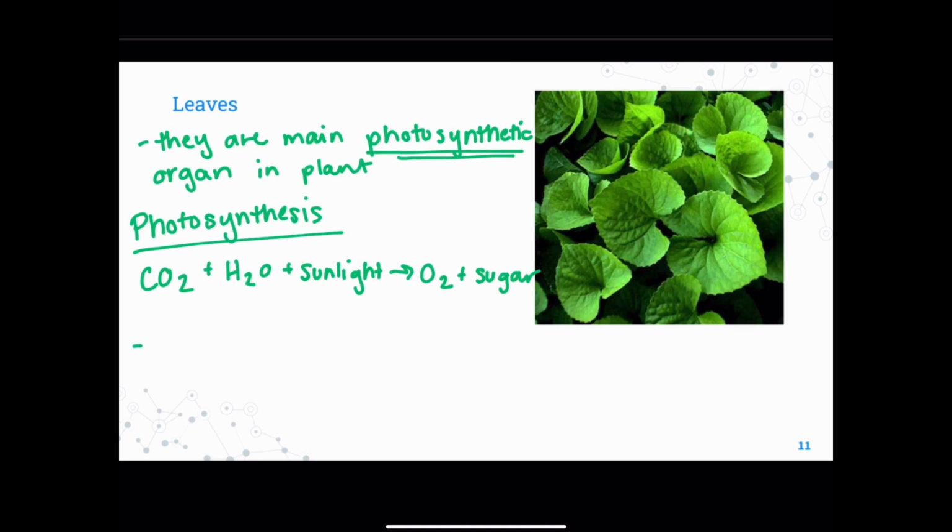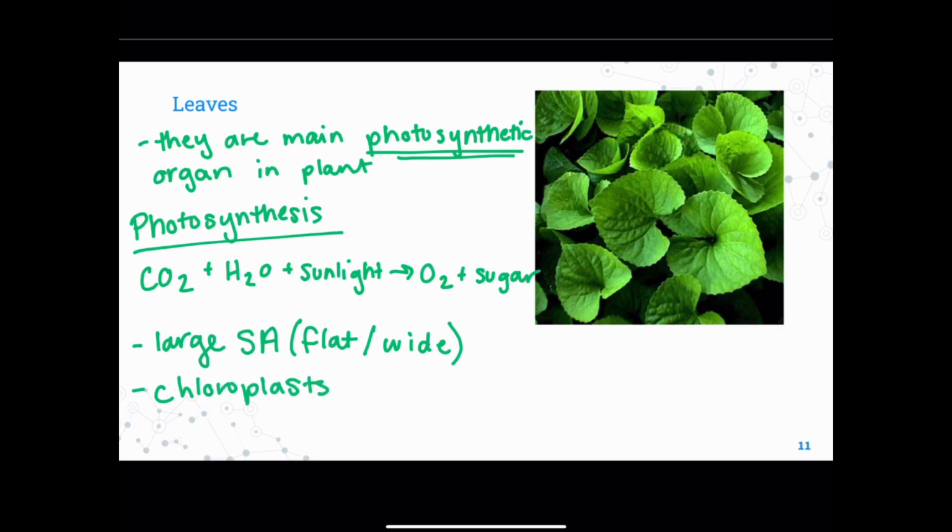Leaves have a very large surface area. I'm going to put SA for surface area, which means they are flat and wide, so that they can take in a lot of sunlight for photosynthesis. They also have structures that capture energy from sunlight called chloroplasts. So again, they have chloroplasts in them that capture the energy from the sunlight.